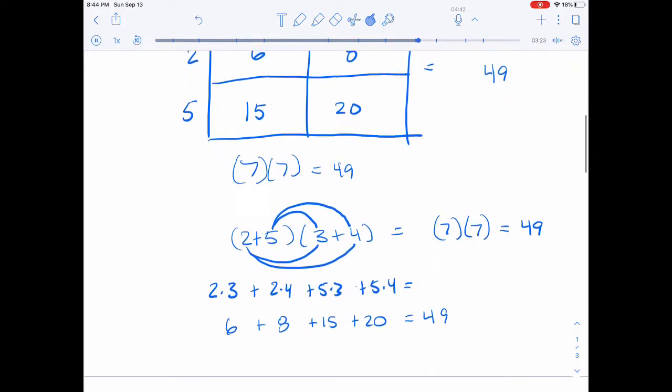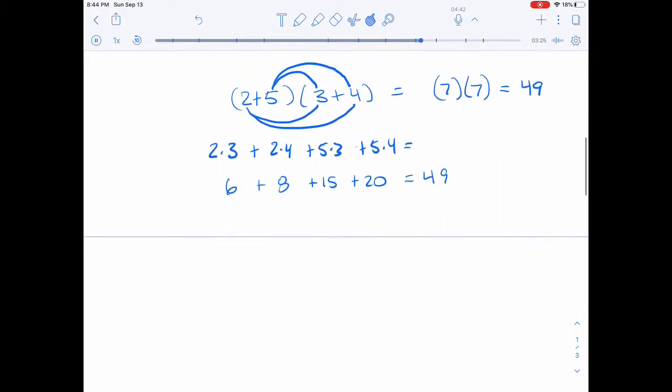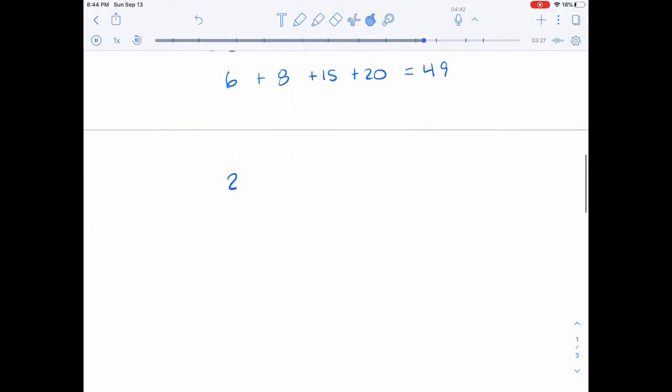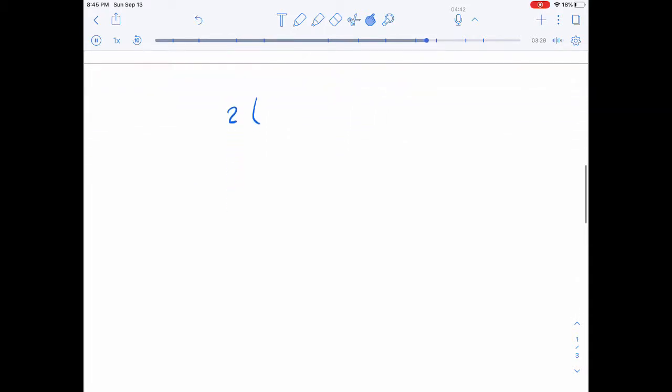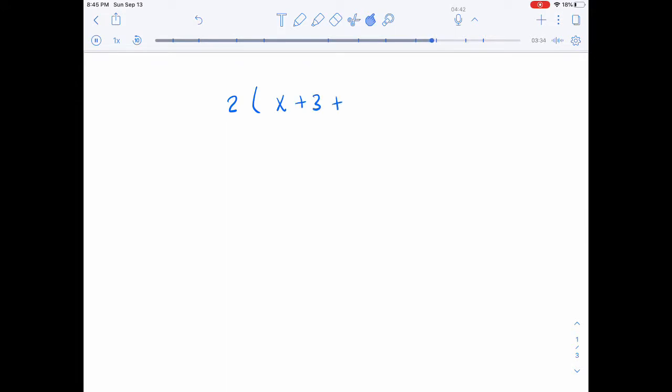Let's try one last example. How about the product of 2 and the sum of x plus 3 plus 4. Visually, that would be 2 along the vertical side, and then along the top we'd have x, 3, and 4.